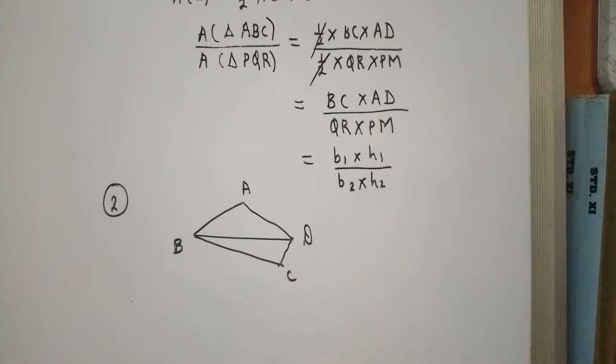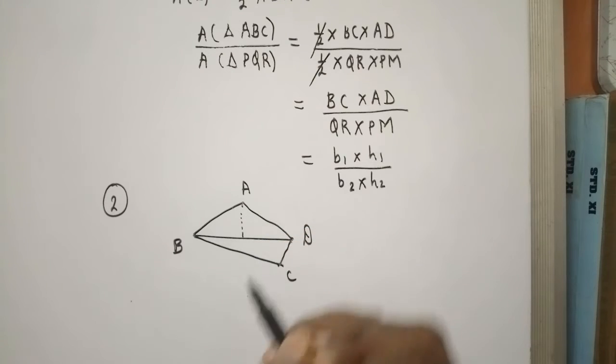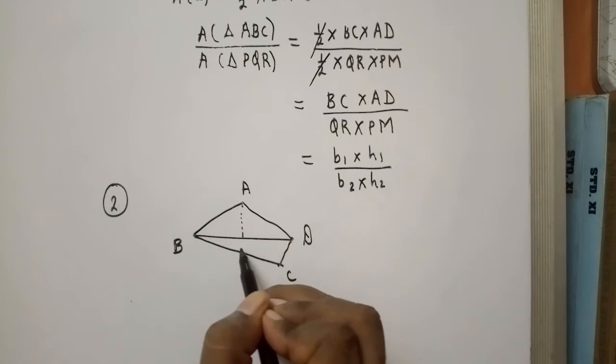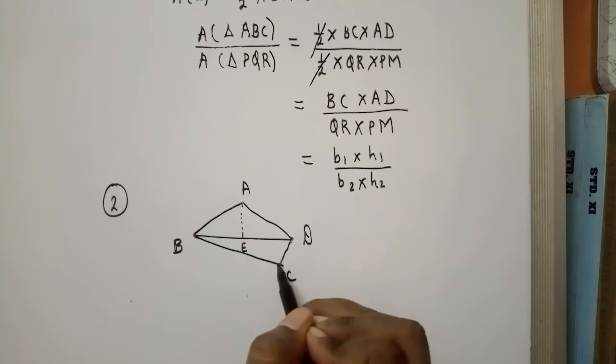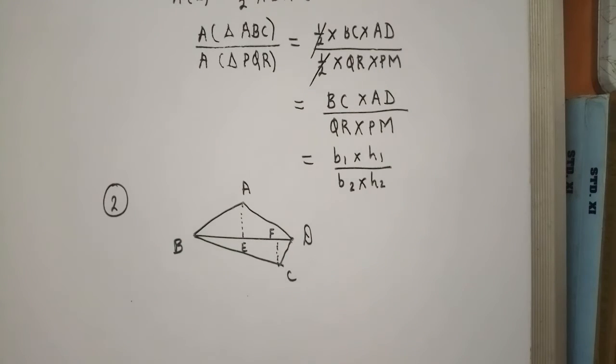First triangle is ABD, second triangle is BCD. And if I draw the perpendicular altitude from A to BD, let's label it as E, and let's label this as F.